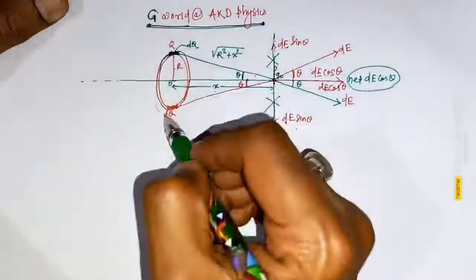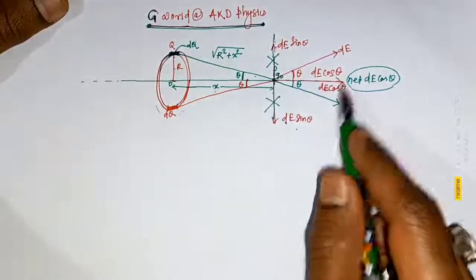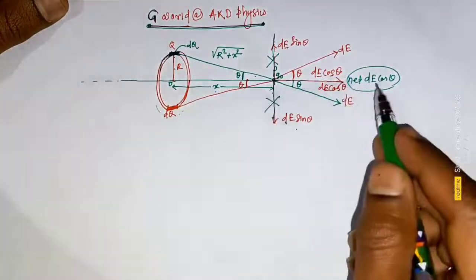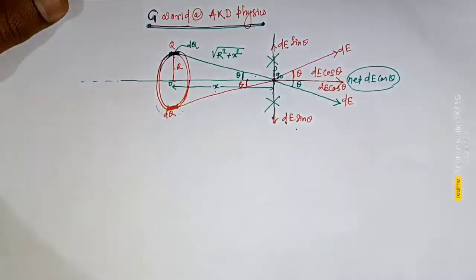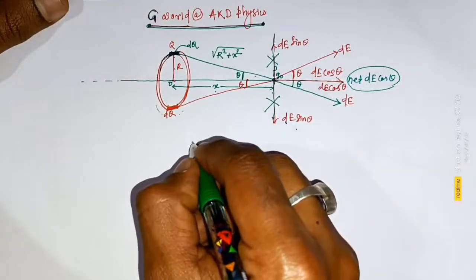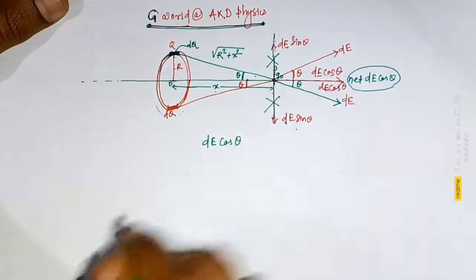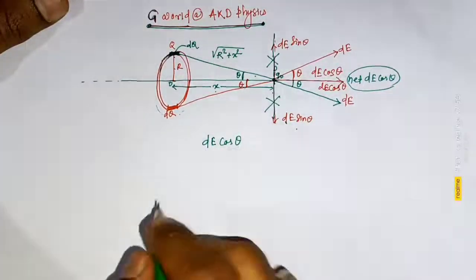If they were two different charges, then we could say this is dE cos theta, dE cos theta, and the net is 2 dE cos theta. But this is the same part of the body, so the net electric field is dE cos theta. This is the small electric field.